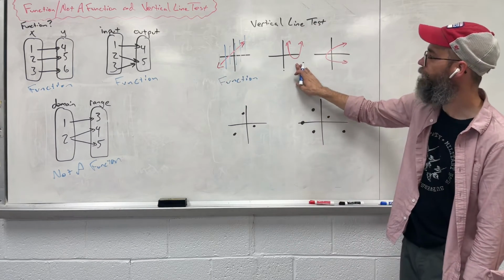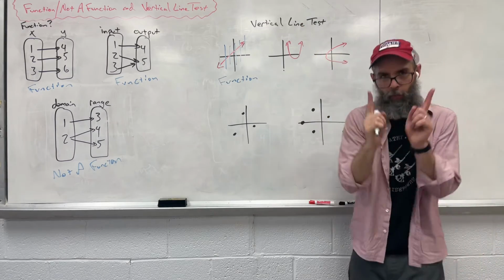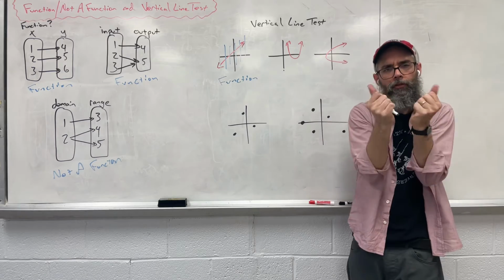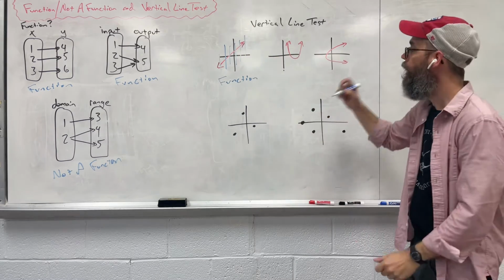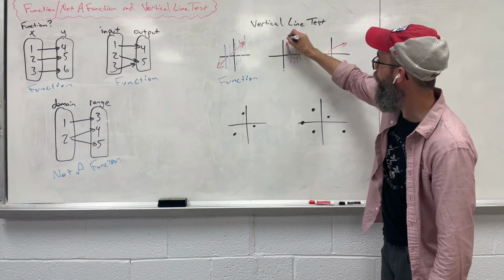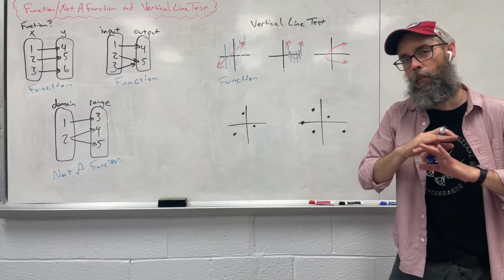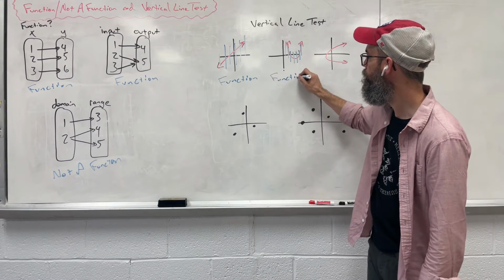I have a parabola. What's happening with this graph is it's going to go up very quickly and very slowly it's going to move out. So it's always going outwards here. This graph, no matter where I go, I'm never going to hit more than 1 point. This is good. We like that.